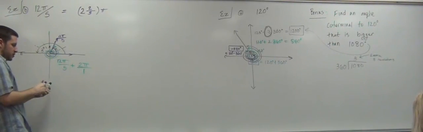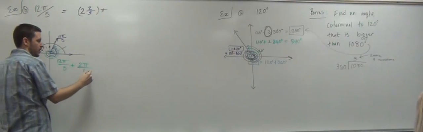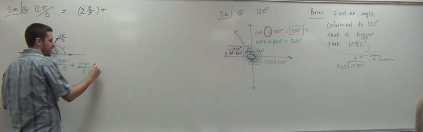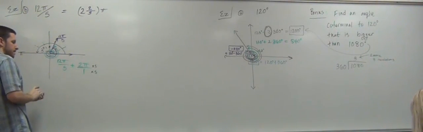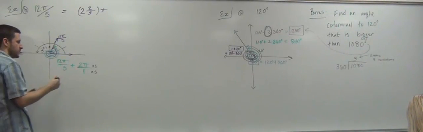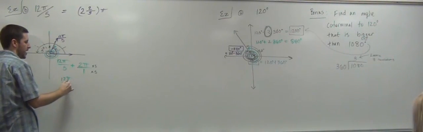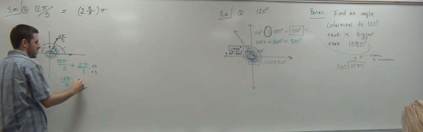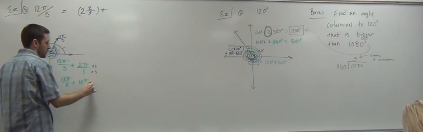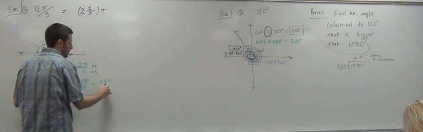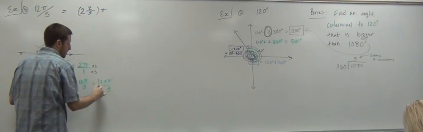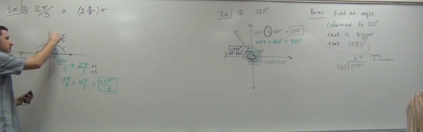They're there, but they don't change the mechanics. Multiply this by 5 to get a common denominator. So this will be 12 pi over 5 plus 10 pi over 5, which is 22 pi over 5. This is a coterminal angle to 12 pi over 5.